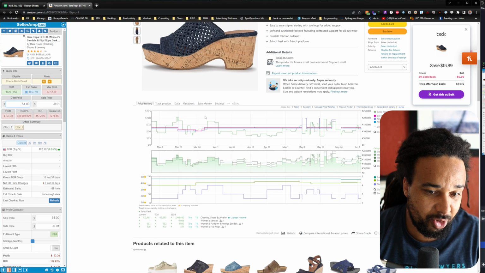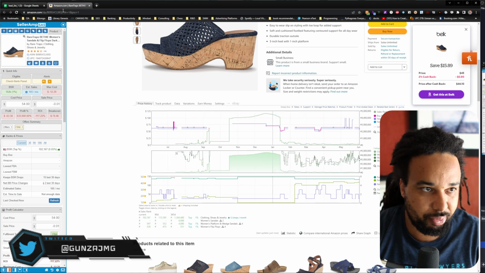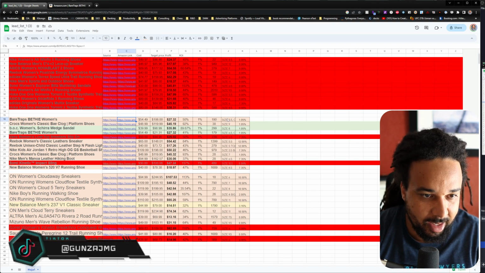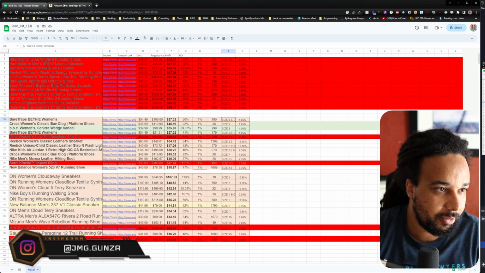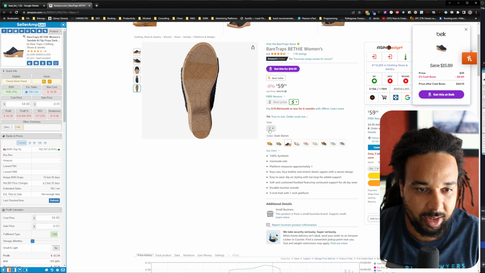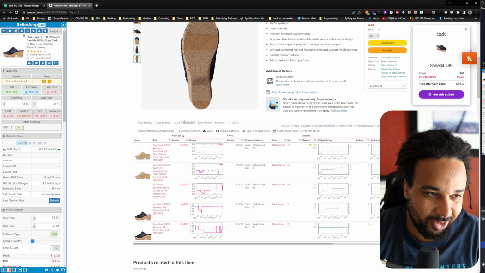So yeah, it's probably a super bad lead. I don't know where they saw that this product was selling at $100. Wait, let's make sure we have the right size. Size 5.5. Okay, size 5.5. Nah, this is not the size we are in. But yeah, nah.